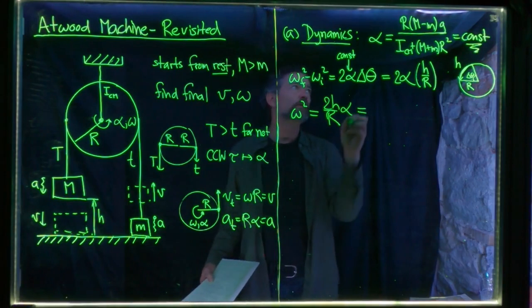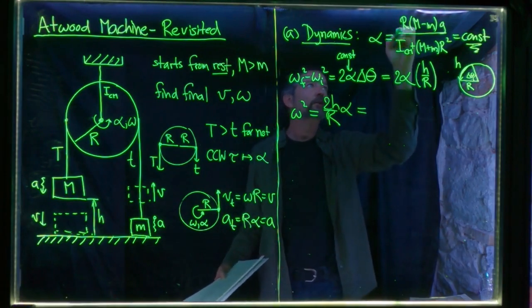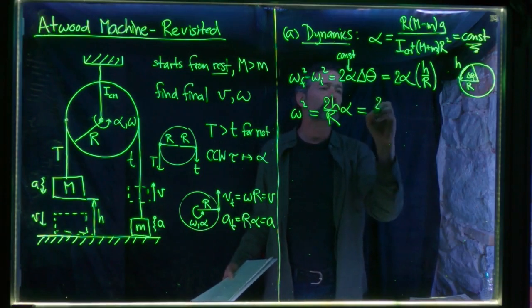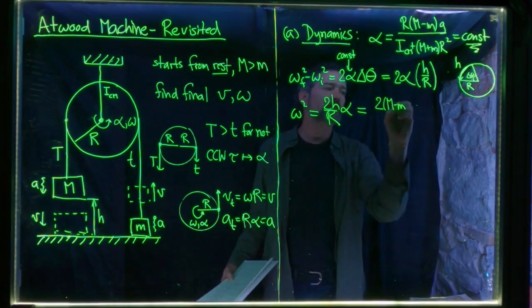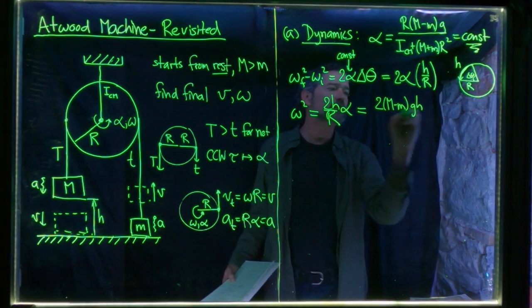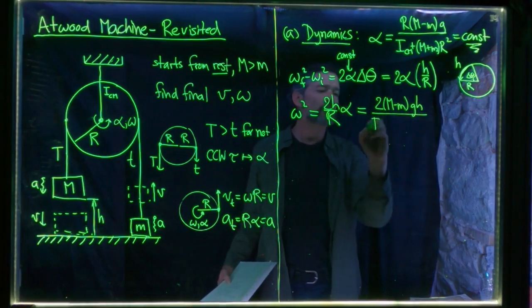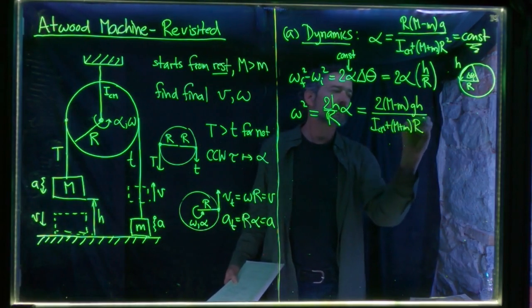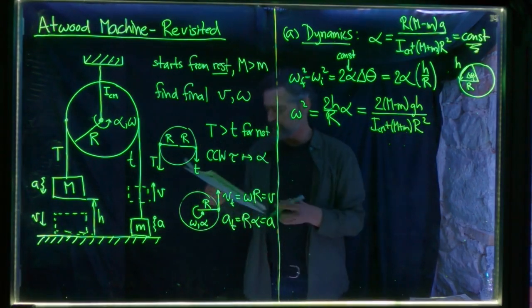And so we're going to multiply by 2h and divide by r. Dividing by r kills that r. We multiply the numerator by 2h. So it becomes 2 times (M minus m) g h divided by the same denominator, I_CM plus the sum of the masses times r squared. Okay, so that's what omega squared is.